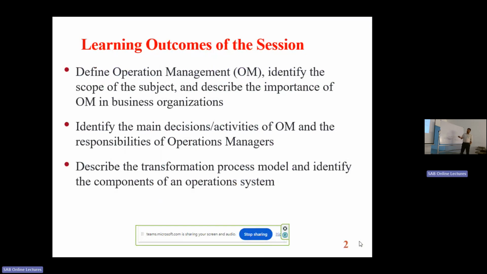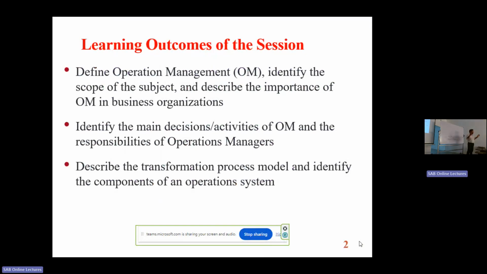And then you should be able to do these things. Define operations management, what it is, and identify the scope of this subject, and then also describe the importance of operations management decisions, operations management function in business organization. And the main part of our discussion will be on this second learning outcome, that is to identify and explain in little detail.